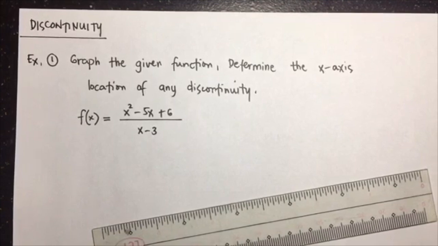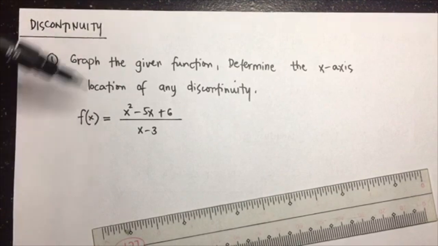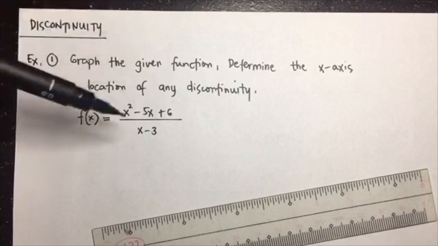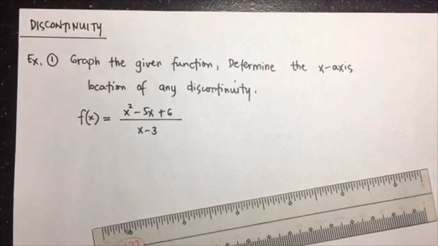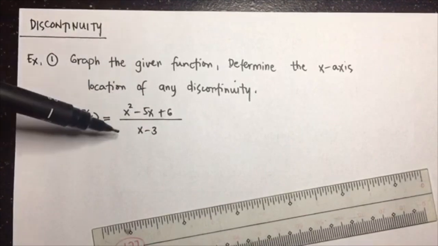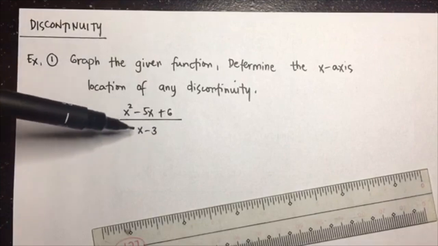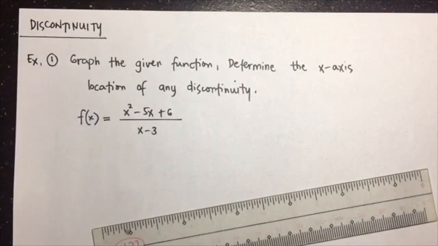So f of x is equal to x squared minus 5x plus 6 all over x minus 3. Okay, so for this problem, we can see that it's fractional. Whenever we have a fractional function, discontinuity happens when the value of the denominator becomes 0.